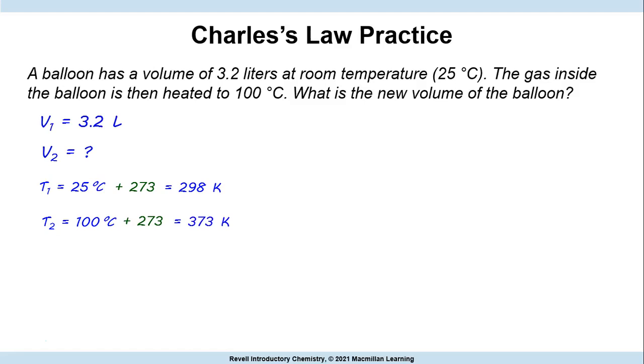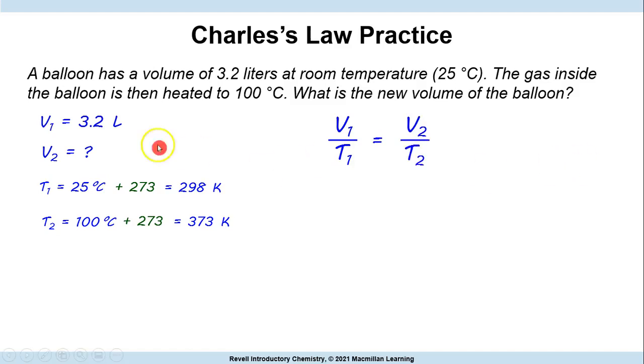Now, we are going to state the formula that we use for Charles' law. The formula that relates volume and temperature is Charles' law, and we are going to see how we can find V2 from that formula. So let's state the formula: V1 over T1 is equal to V2 over T2.